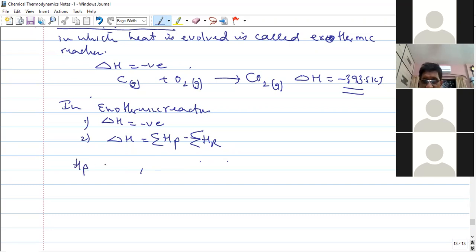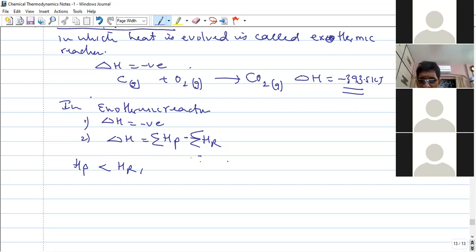HP is less than HR. R का वैल्यू ज्यादा है, HR का वैल्यू ज्यादा है देन HP, इसके लिए नेगेटिव आया. HP is less than HR.